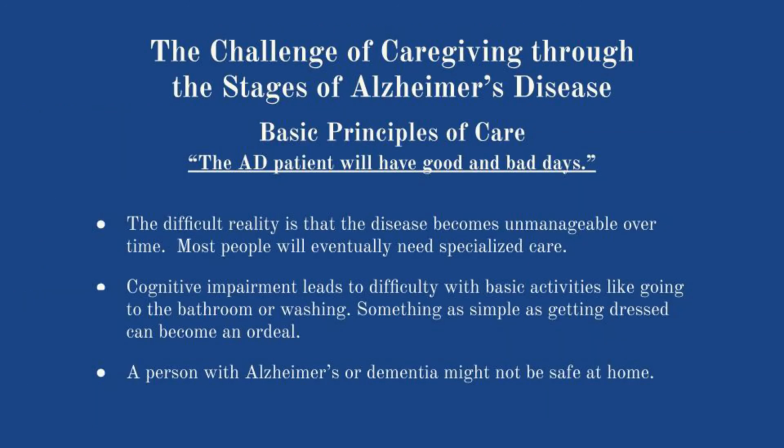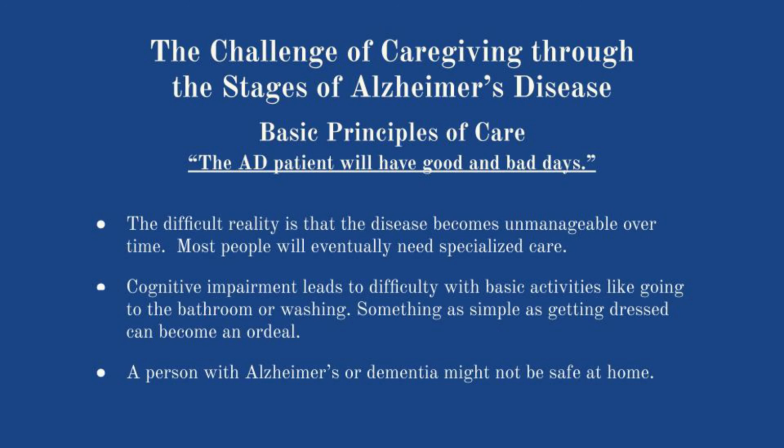Now, the challenge of caregiving through the stages of Alzheimer's disease. There are several basic principles of care. It's very important to remember that the Alzheimer's patient will have good days and bad days. My son and I would go to the long-term care facility, and some days we couldn't even wake my grandma up, and other times she would run down the hall.